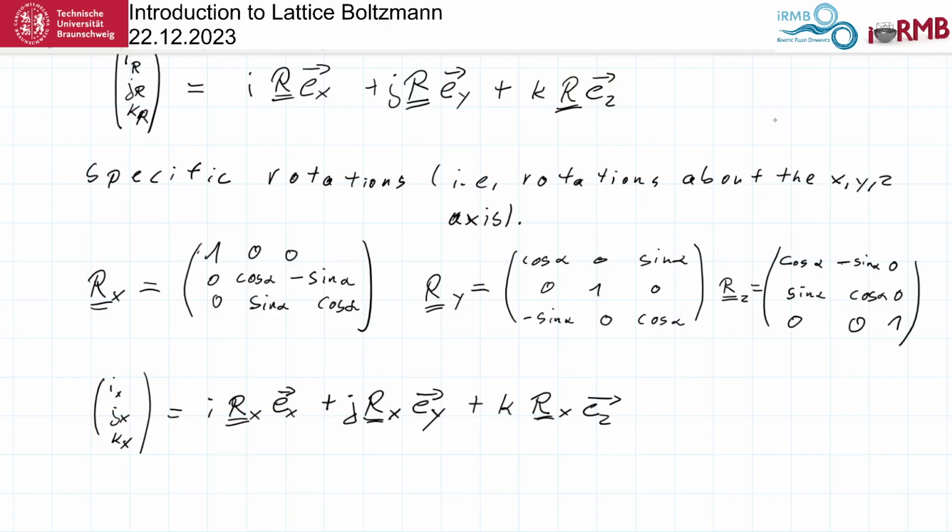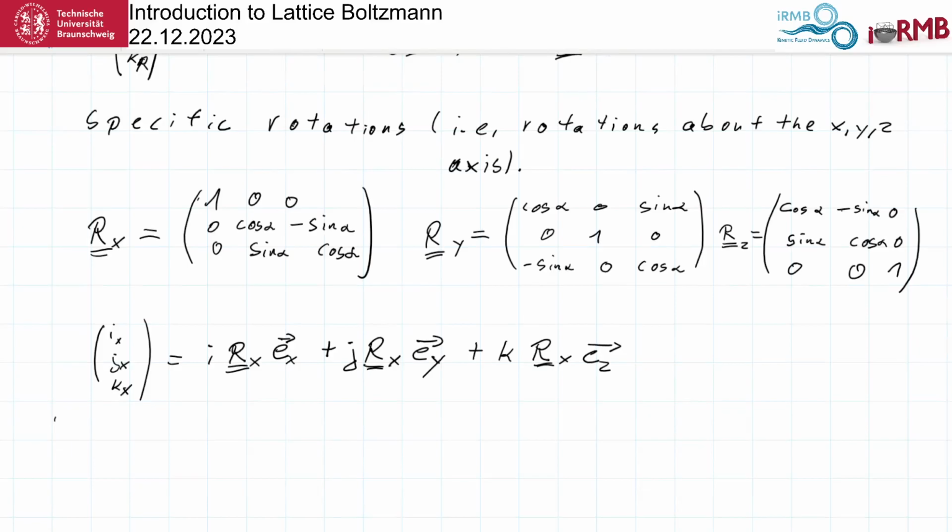So, as an example, we briefly consider why the acoustic moment actually is an isotropic moment.